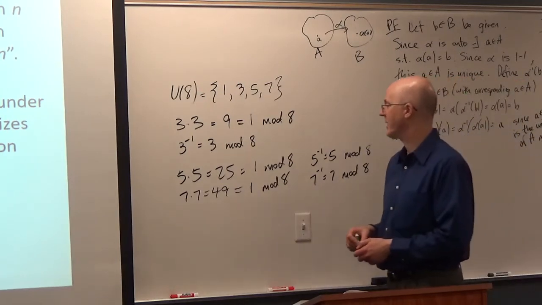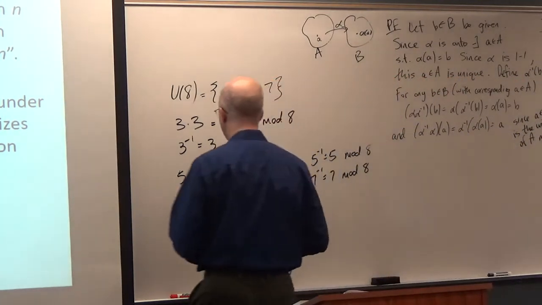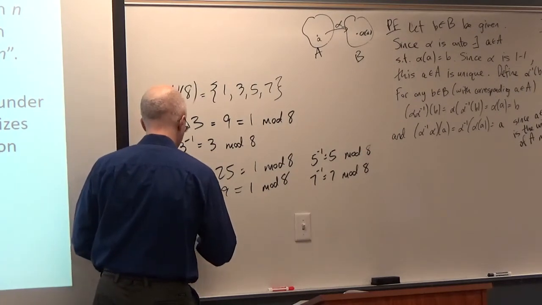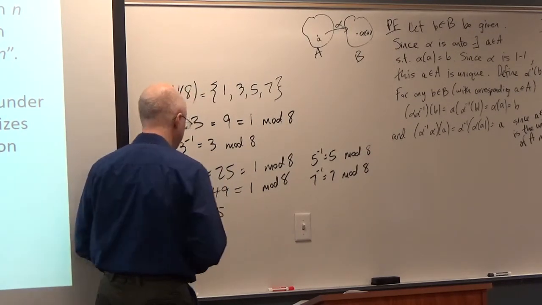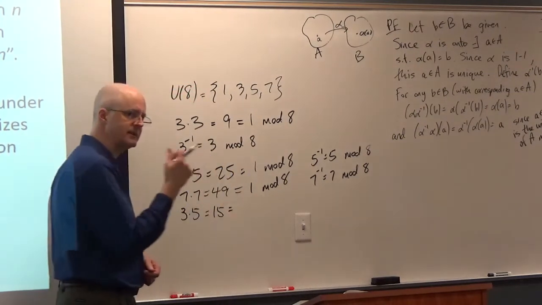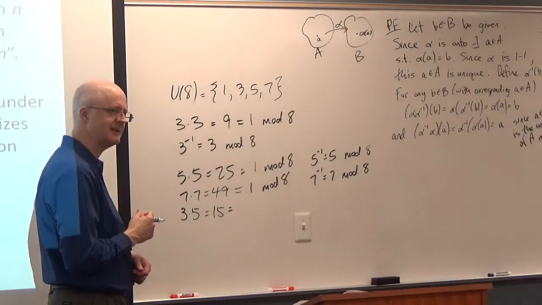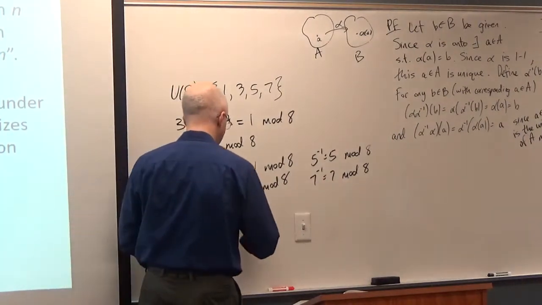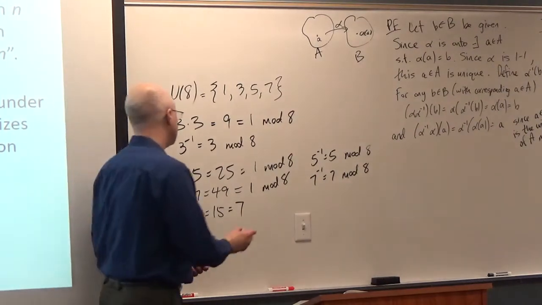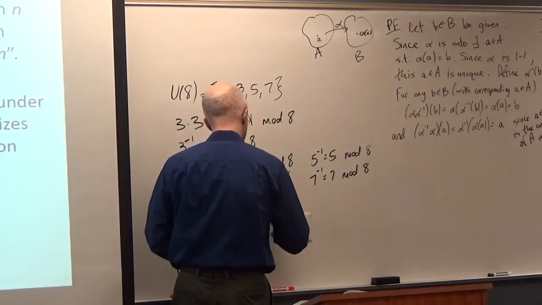The associative property does work. We can also multiply other things. 3 times 5, for example, is 15. What's 15 mod 8? You should practice doing these calculations quickly. It's 7. Divide 15 by 8, you get a quotient of 1 and a remainder of 7. 15 is 7 mod 8.